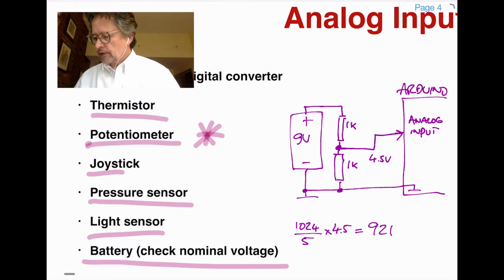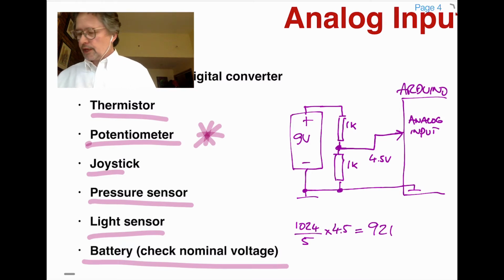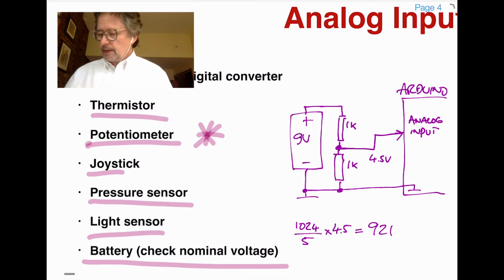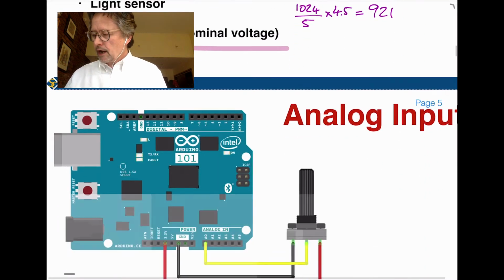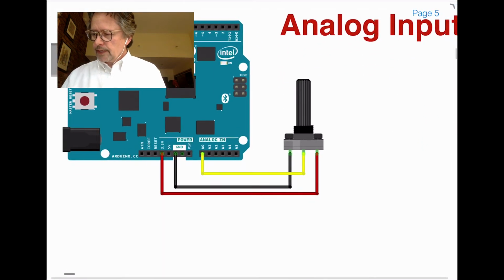So I will know that my battery is going to be good if the Arduino reads a number in the order of 921. And if it's 900, it's probably fine. We know that if a battery is less than 60% of its nominal value, it's dead. So we can do some testing, but that would be how we would do it.